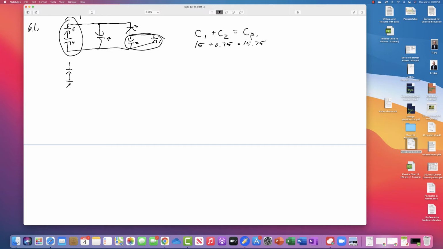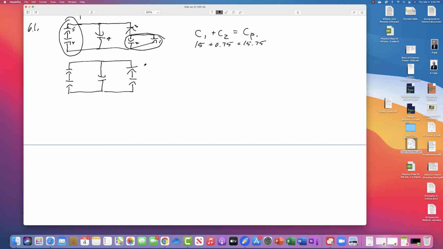Now when you do that, what I do is I draw the picture again, because this helps me not screw up, okay? You don't necessarily have to draw the picture again, but for me, it helps me keep it straight. So all of this is the same, and you have this one, which is the same, but now this has been replaced by a single, and it looks like that.